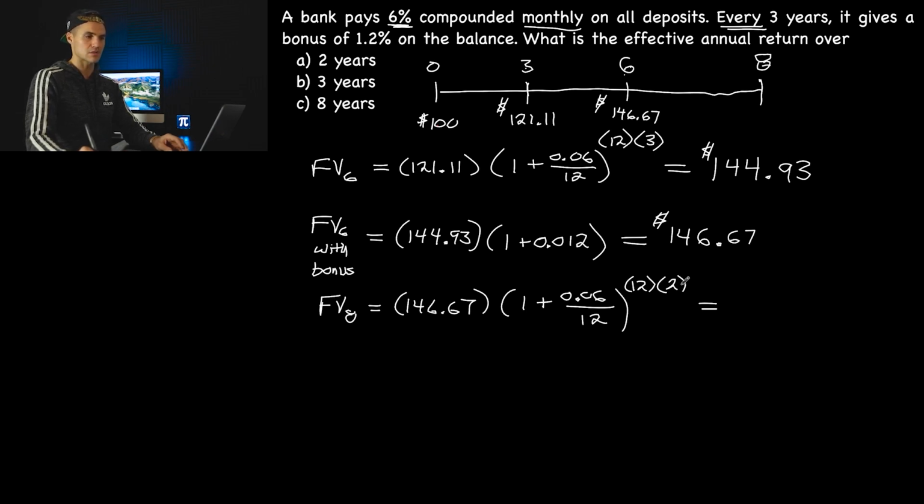This is 2 years here, so that t value is 2. And when you do that calculation, you're going to end up with $165.32, right? So that's what your balance is going to be at the 8-year mark. And again, you're not getting a bonus of that because the next bonus would have happened at the time 9 mark, right? Every 3 years.